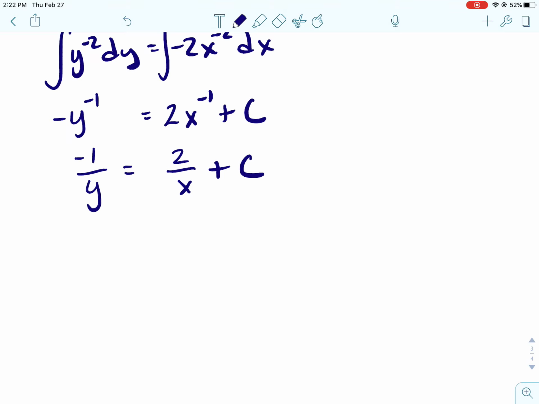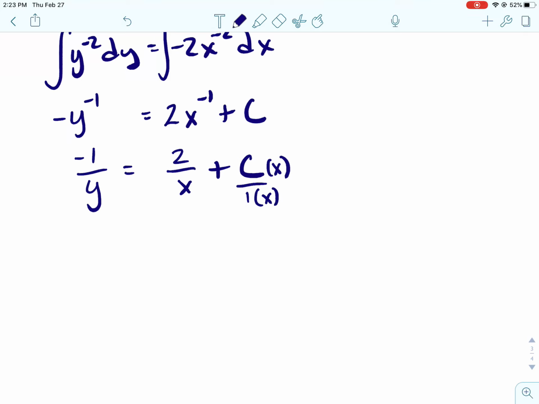All right, now because this is 1 over y, we want y. I'm actually going to write the right side also as a fraction. So to write this just as one fraction, where I don't have a fraction plus c, what do I need to do with this c? Right, we want to make it have a common denominator, and that common denominator is going to be x.